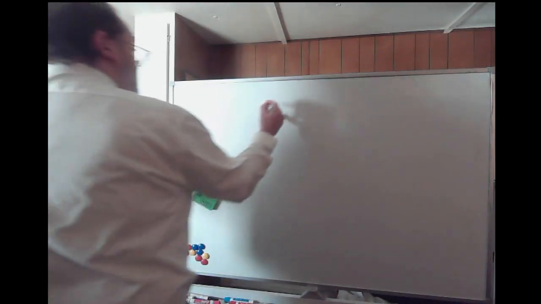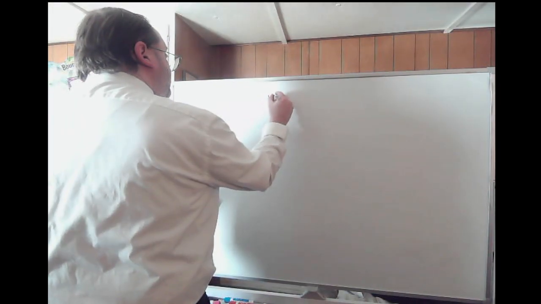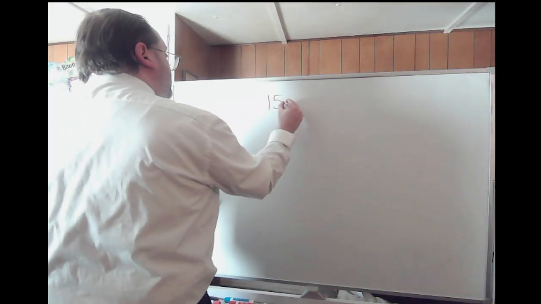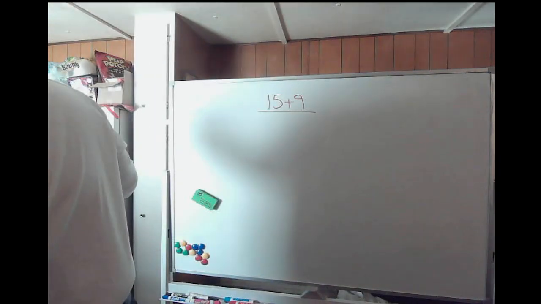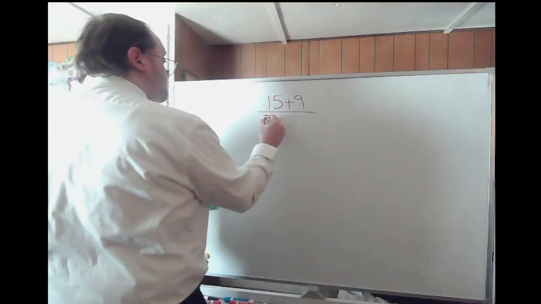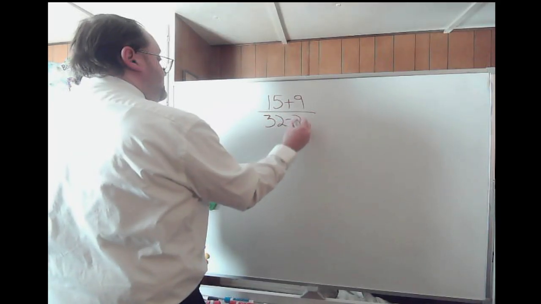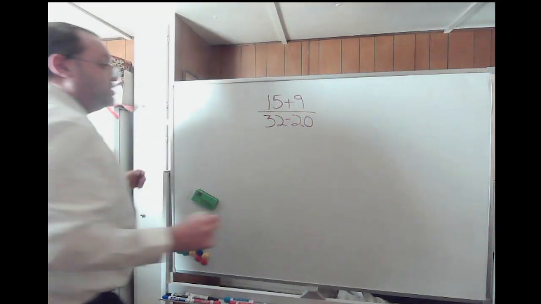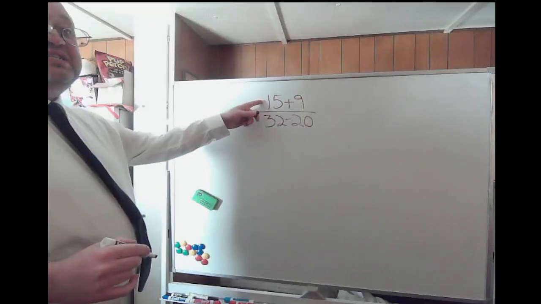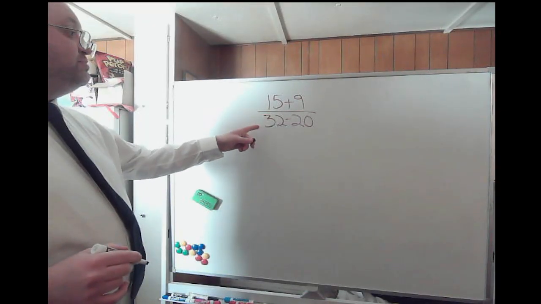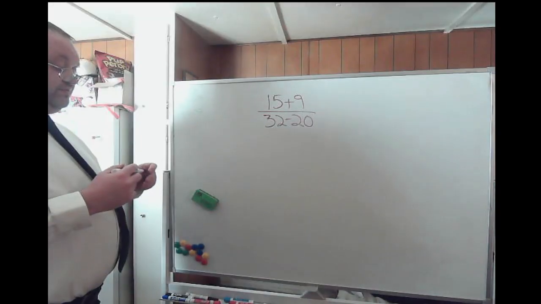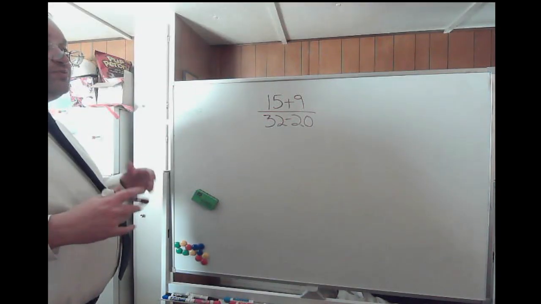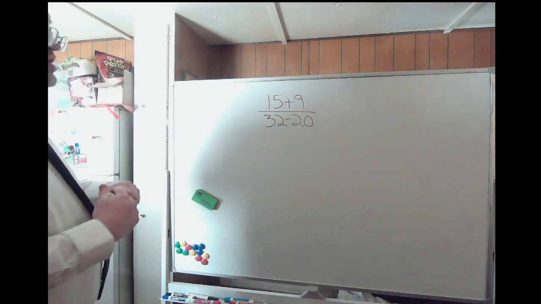Alright, what's next here? Let's say we have 15 plus 9 as the numerator over 32 minus 20 in the denominator. So we have a fraction here. The good news is, in each the numerator and denominator, they're relatively simple addition or subtraction problems.